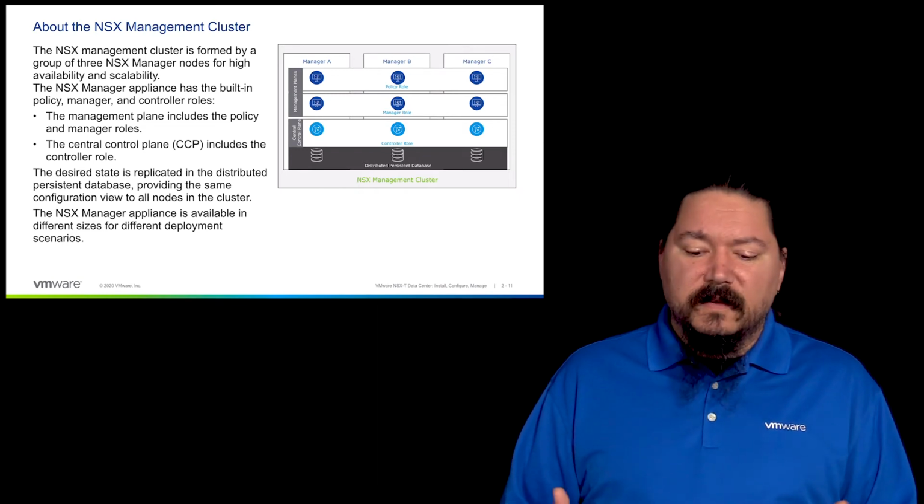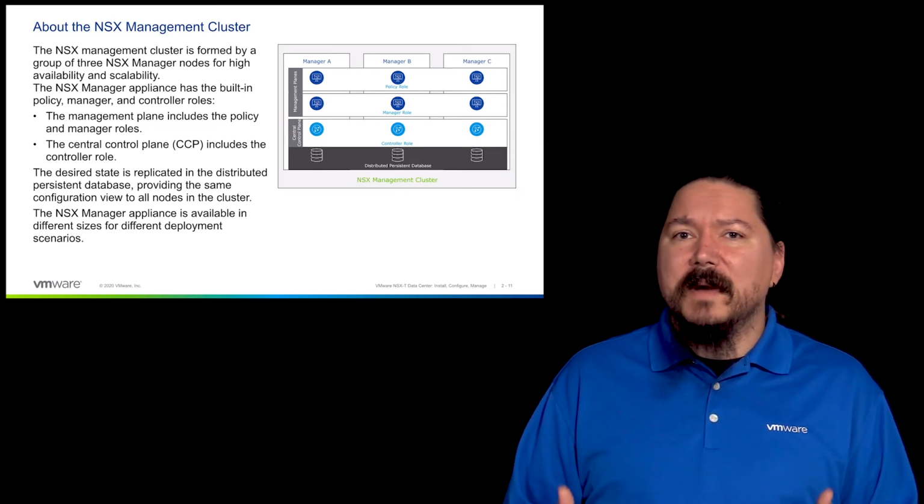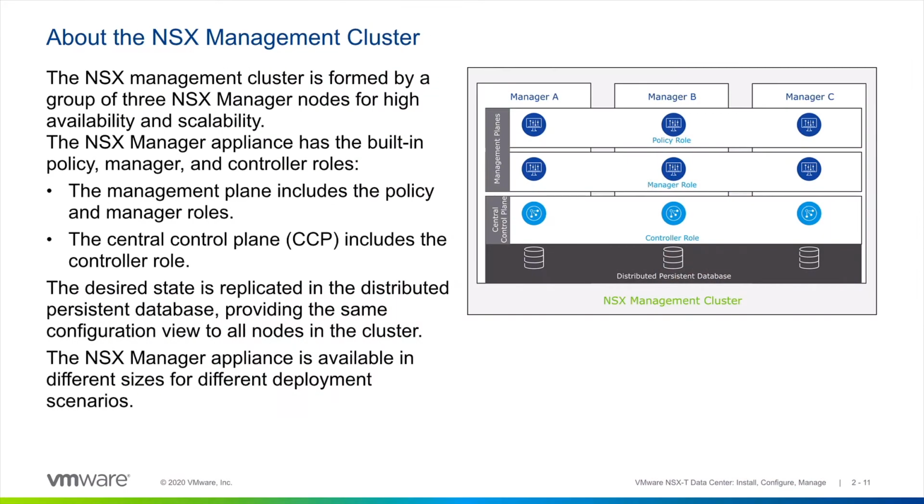Inside each of the manager nodes are three roles. Well, four really, if you get down to it. Four primary roles, right? One is the policy role. The policy role is what we tend to interact with, right? The policy role provides us a declarative state model that we can use to say, this is what I want in my network, so that we can get what we want.